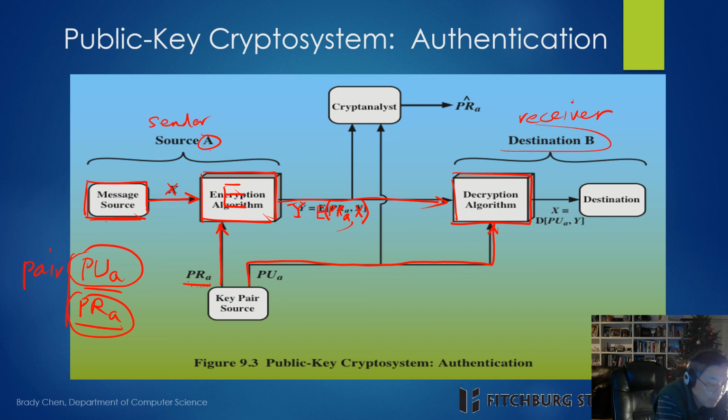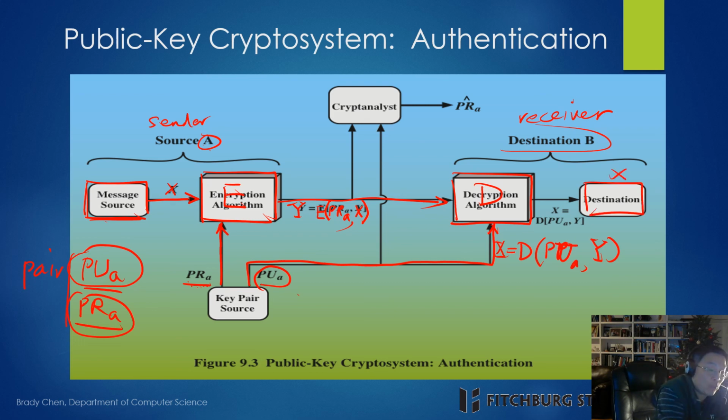So the decryption uses the public key of the sender, which is PUA, in the decryption algorithm, along with the ciphertext, the encrypted message, and hopefully this is going to restore the original message.